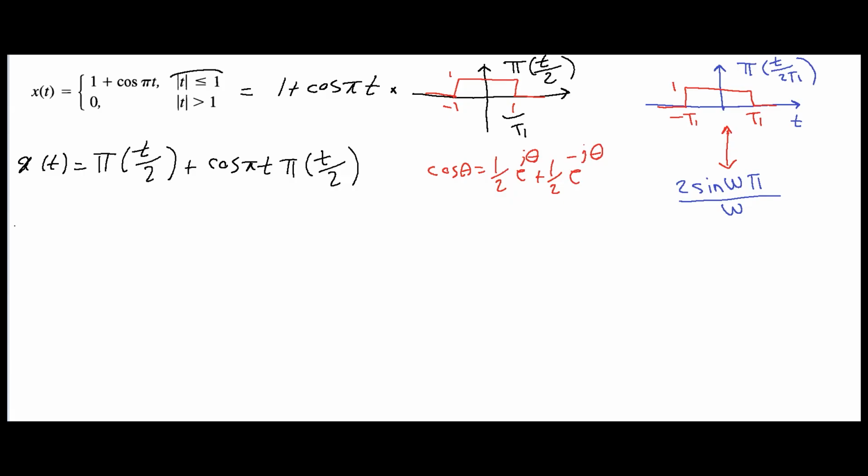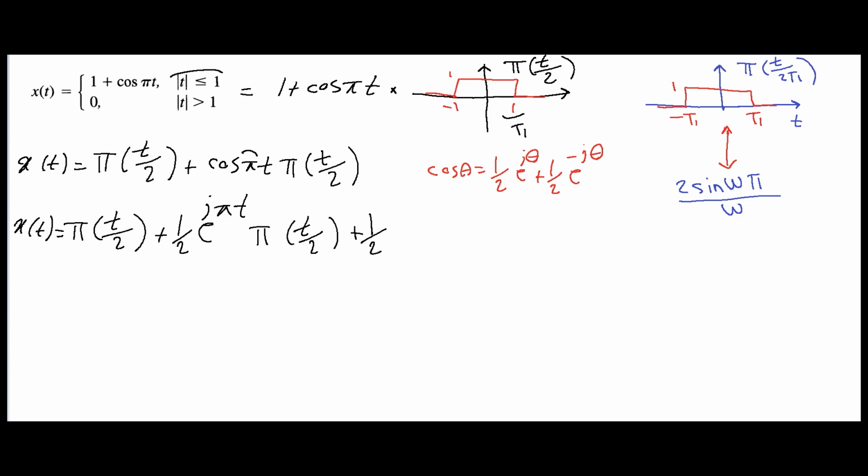Since theta equals pi t, we can rewrite the signal as pulse of t over 2 plus 1/2 e to the power of j pi t multiplied by pulse of t over 2 plus 1/2 e to the power of minus j pi t multiplied by pulse of t over 2.